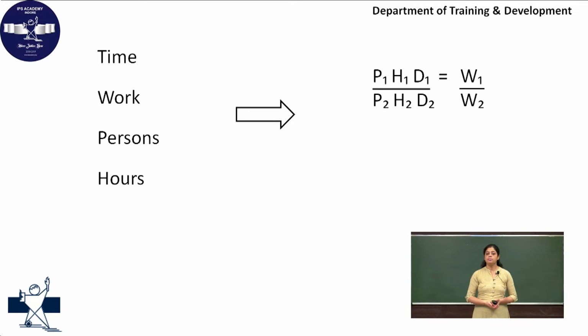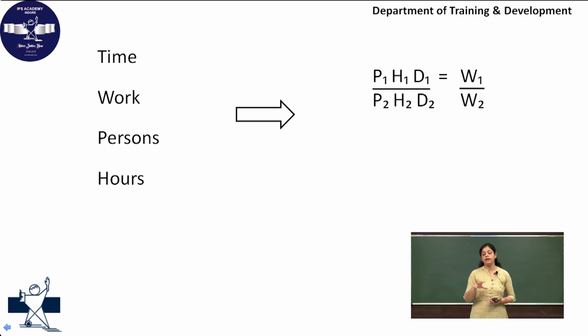So in that case the time required or the relation we can put is PHD1 upon PHD2 equal to work 1 upon work 2, where P is the number of persons involved, H is the hours in a day they are working for, D is number of days they are taking, and W is the work quantity.